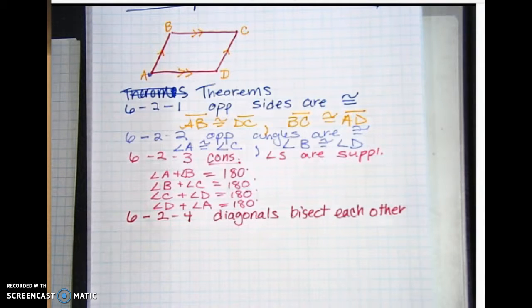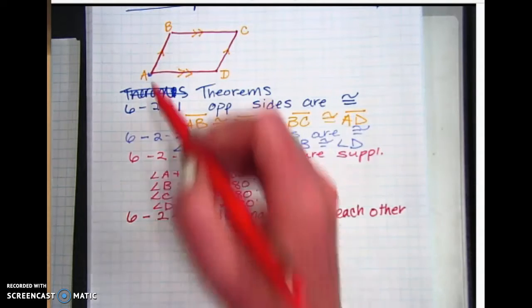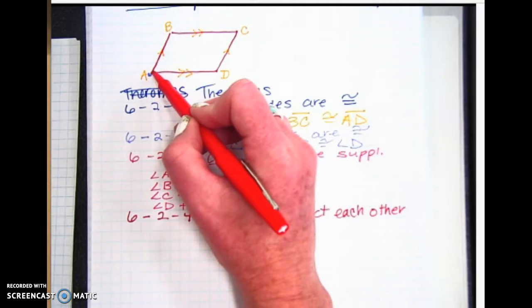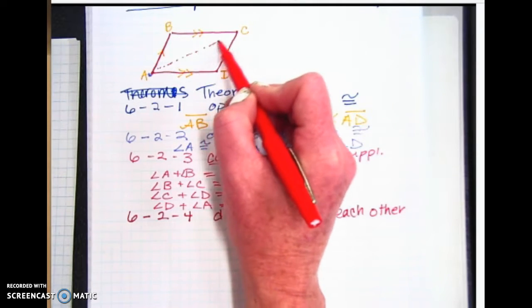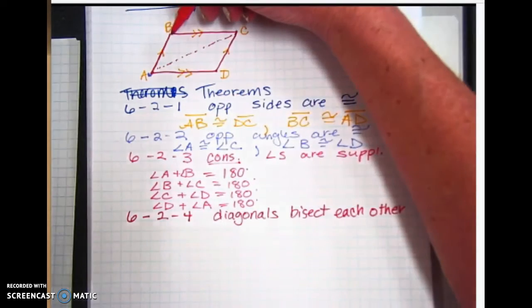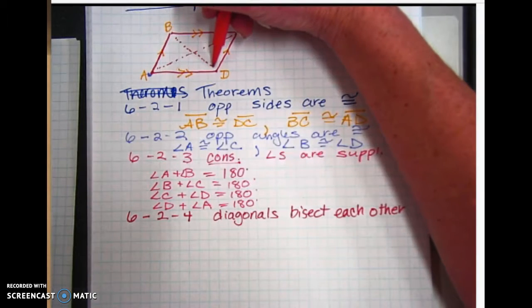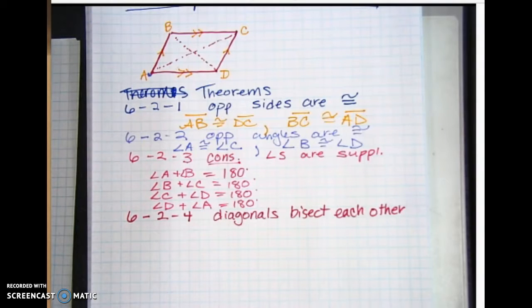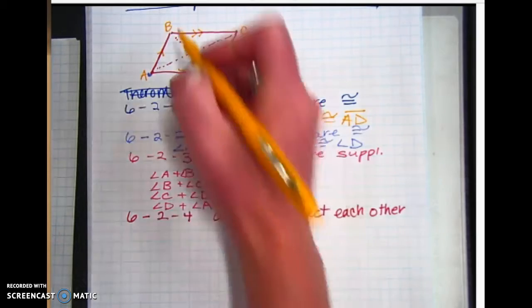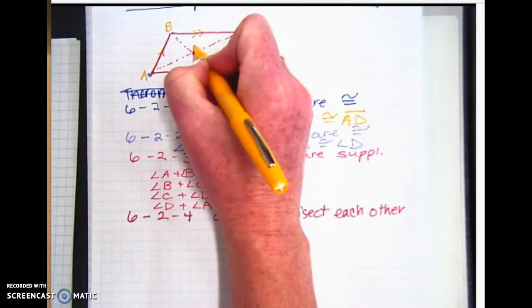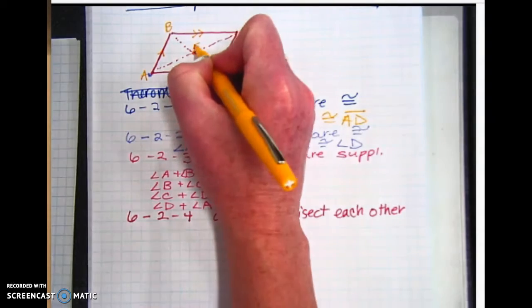So if I were to dash in a diagonal from A to C, kind of like we did yesterday, dash in a diagonal here, dash in a diagonal here, then we get this fifth point right here in the middle. We'll call it E, just because we're going alphabetically.